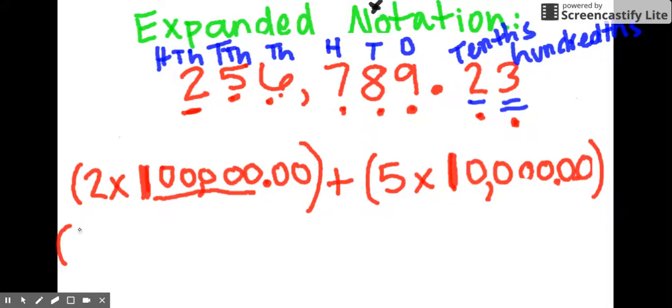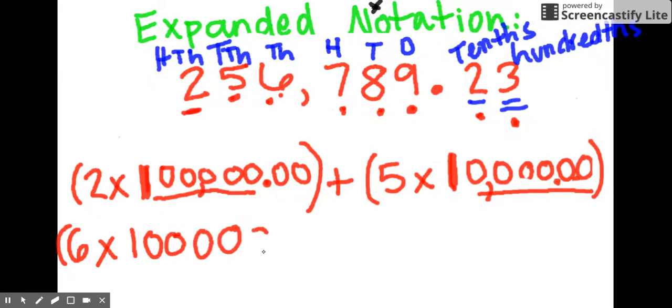Okay, here we're going to put my 6 times, well, it's in the thousands place. So 1, if I did 6 zeros here, I need to do 5 zeros here. 1, 2, 3, 4, 5. Don't forget 1, 2, and then a decimal point. Now we need our commas.